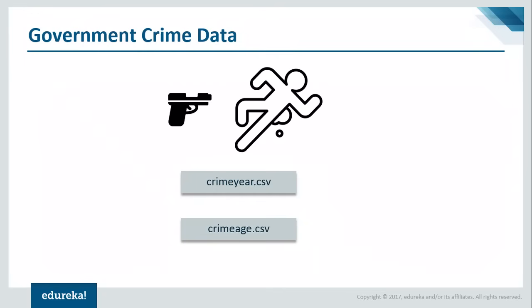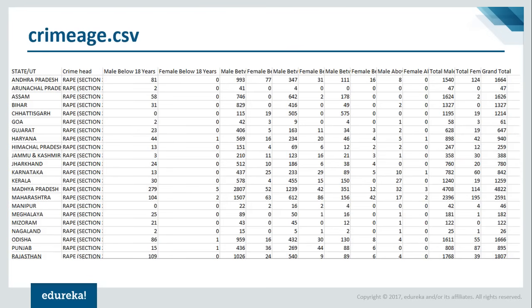So now we have come to the demo part. This is what we will be doing today. We are dealing with a crime dataset. We have collected two datasets, crime year and crime age. These are CSV files, and they contain crime against women.